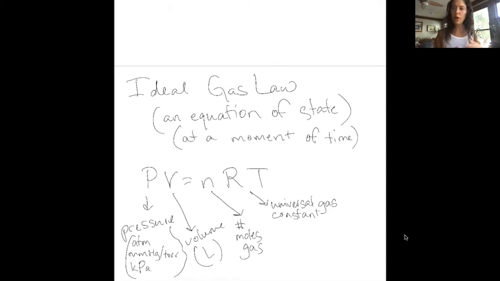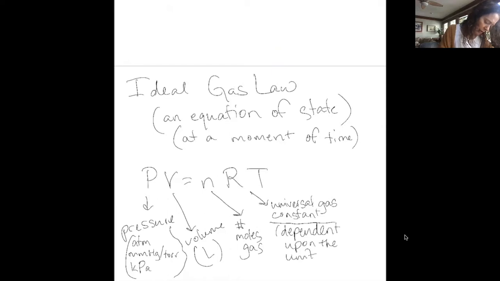There are different units for R values. So this R is a gas constant, so there must be a unit of pressure in it. Okay. And the value is dependent upon the unit of pressure.